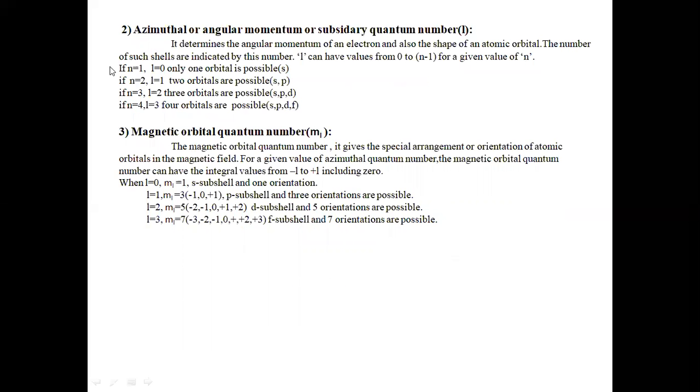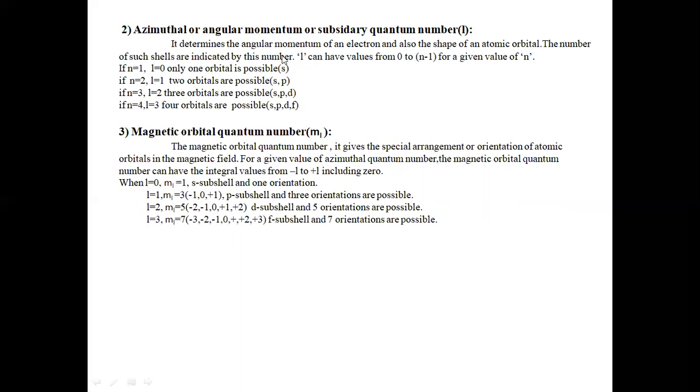Next we have the azimuthal quantum number, also called the angular momentum or subsidiary quantum number, and it is denoted by the small letter l.